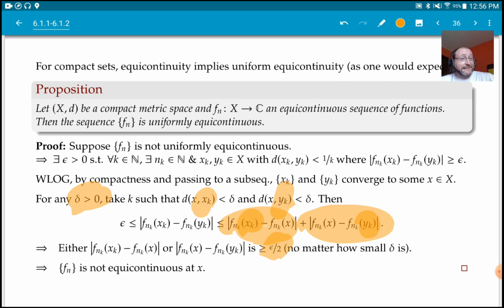So that cannot go to 0. So this is not equicontinuous at x. That means that if f_n is equicontinuous, then it is uniformly equicontinuous, as long as, of course, X was a compact metric space.